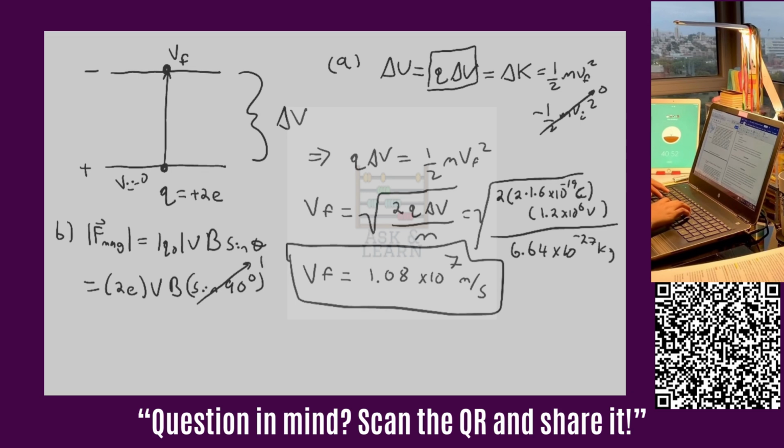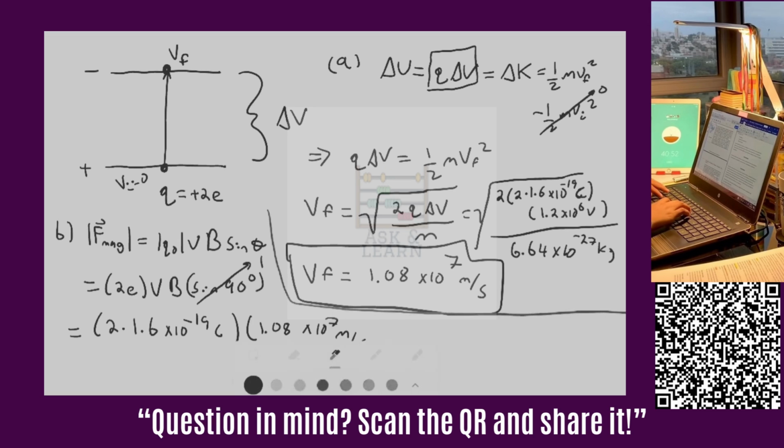So we just have to plug in all the numbers that we know. 2 times the elementary charge, 1.6 times 10 to the negative 19 coulombs, multiplied by the speed we found up top, 1.08 times 10 to the 7 meters per second. And then we finish this equation off by multiplying by the magnitude of the magnetic field through which it's traveling, which is 2.2 Teslas.